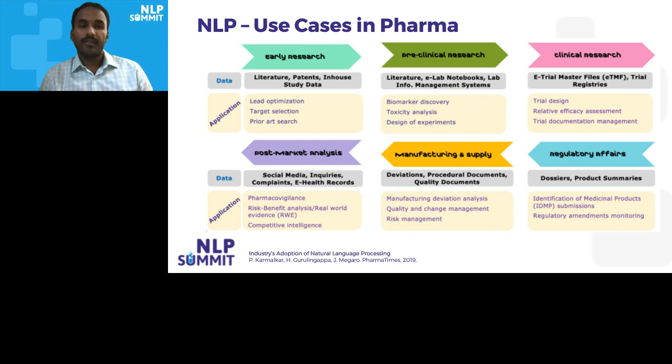Typically, the role of text mining here could be helping in designing a new trial and efficacy assessments. It could also be trial documentation management, because in the whole clinical trial scenario, we end up generating many different types of documentation for the complete life cycle of a trial. Efficiently managing and structuring the documentation itself is a huge challenge where NLP can play a very crucial role.